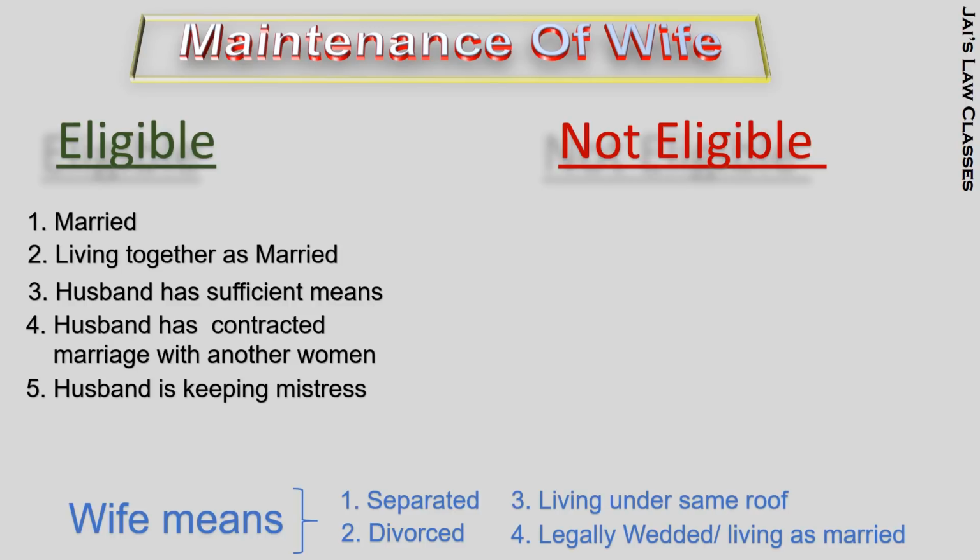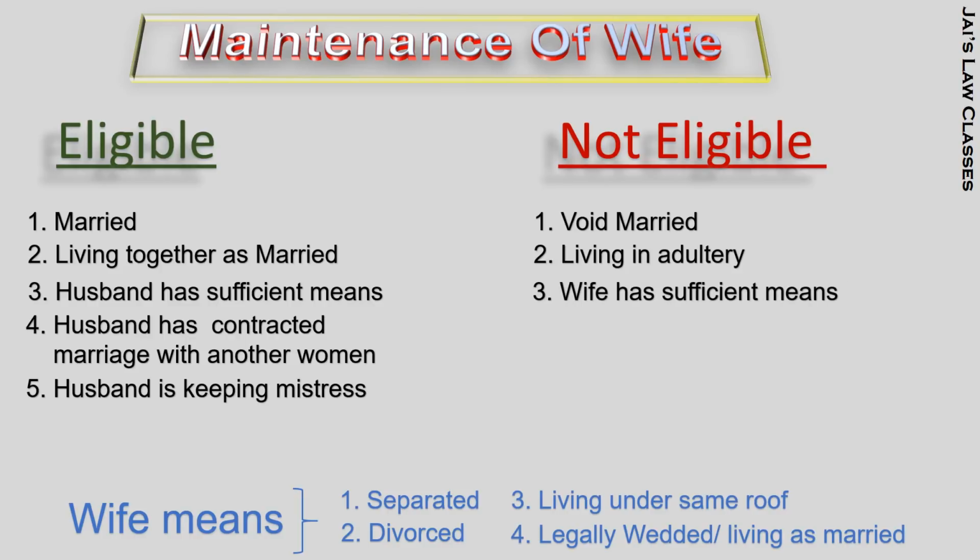Now let's see which wives are not eligible for maintenance. Number 1, void marriage. If the marriage of the lady is void, she will not be eligible for maintenance. Number 2, living in adultery. If she is having an affair with a man other than her husband, definitely she will not be eligible for maintenance from her husband. Number 3, if wife has sufficient means.